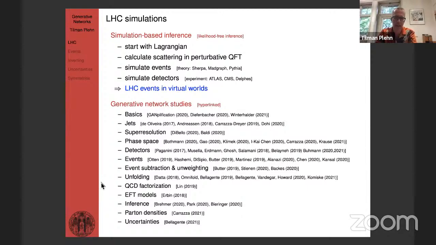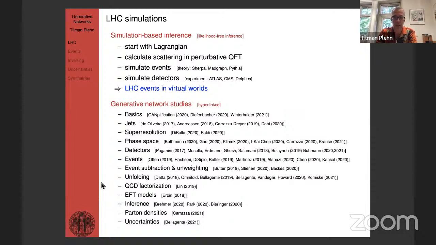Mihoko mentioned that super resolution means using generative networks to improve jet tagging, then phase-space simulations, detector simulations, event simulations, event subtraction, and event unweighting. Event unweighting is currently the big bottleneck of hard matrix element simulations.